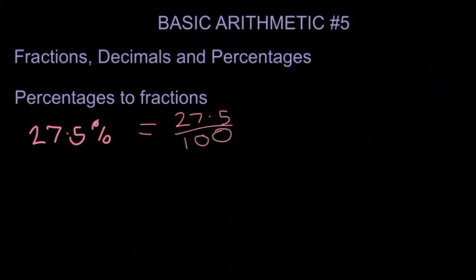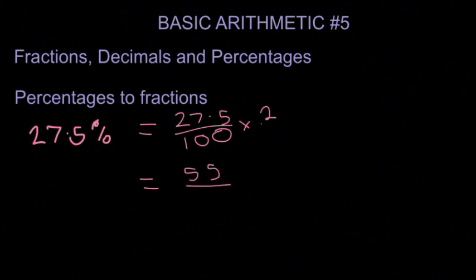But we don't want the decimal place in the numerator, so we have to think about what we will multiply the numerator by to eliminate the decimal. And because it's 0.5, the simplest thing to multiply the numerator by would be 2. If I multiply 27.5 by 2, then that would give me 55.